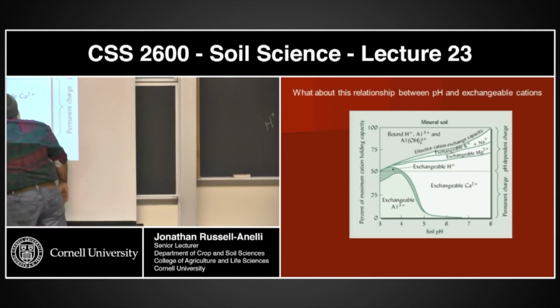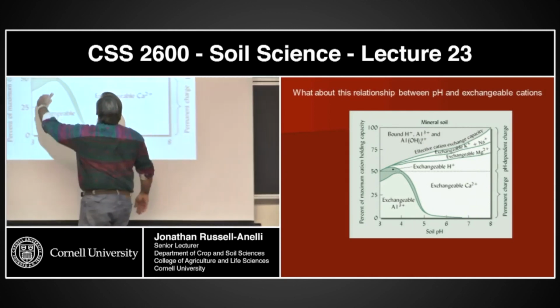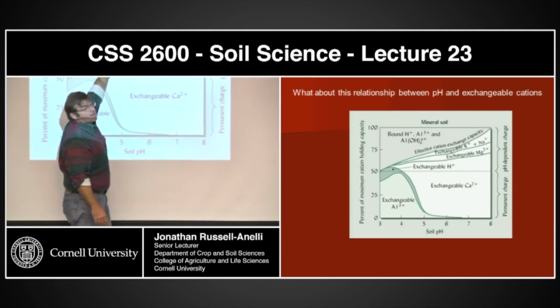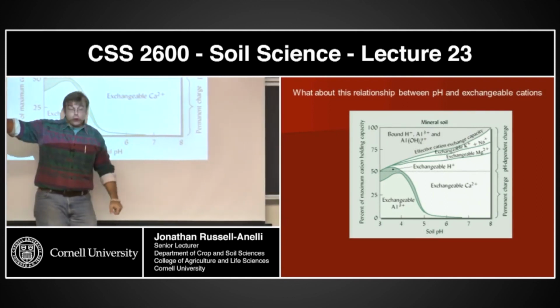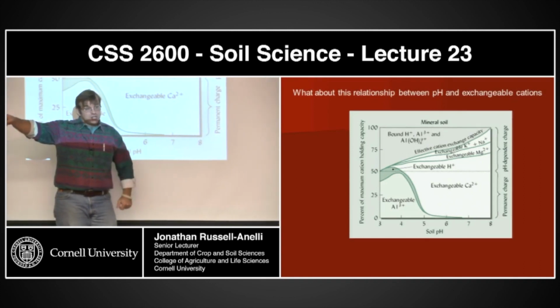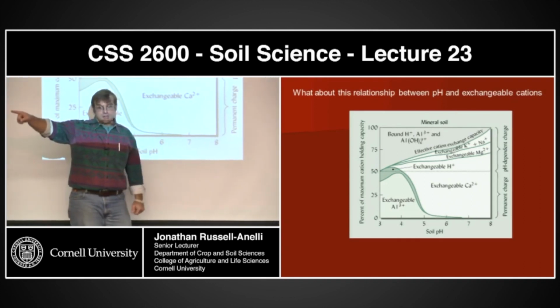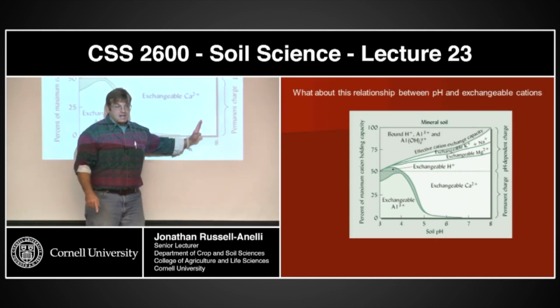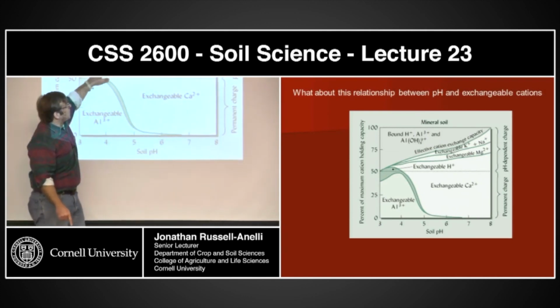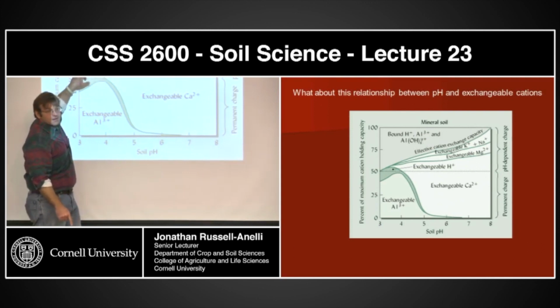As the soil pH increases, my effective cation exchange capacity also increases, which means that exchangeable pool is going to get larger, right? As the pH goes down, that effective capacity is going to go down.